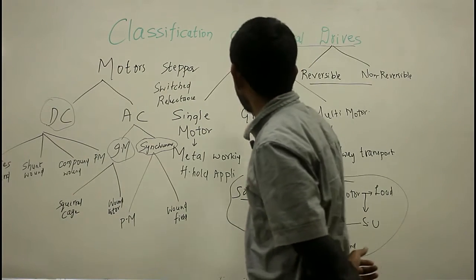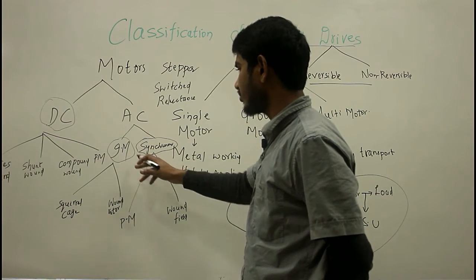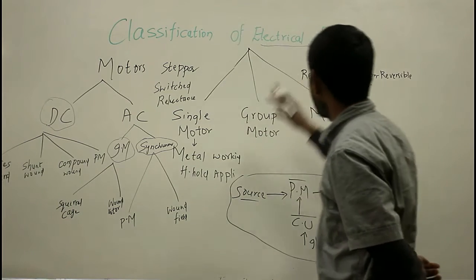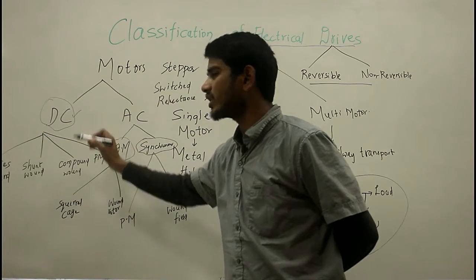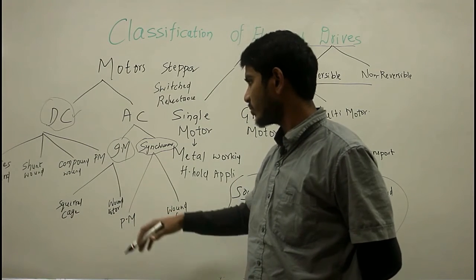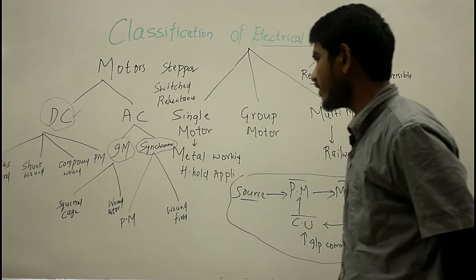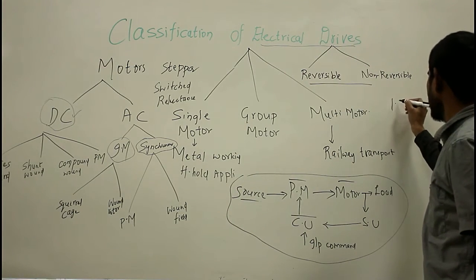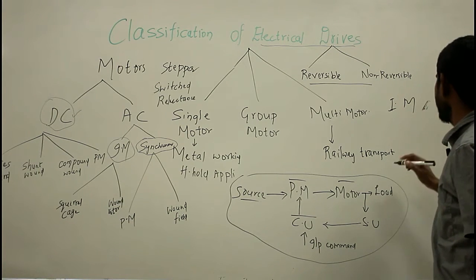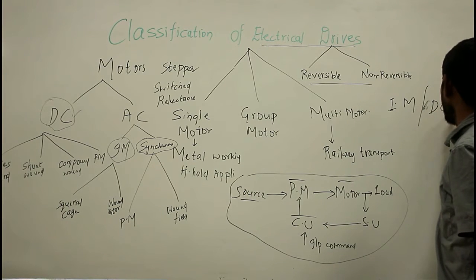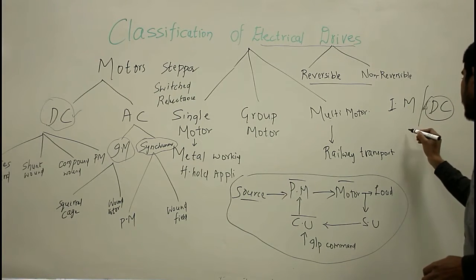Now as the electrical drives became popular, we have gone to the induction motor and synchronous motor. But as we know, the induction motor of the same rating has several advantages over the DC motor of the same rating.